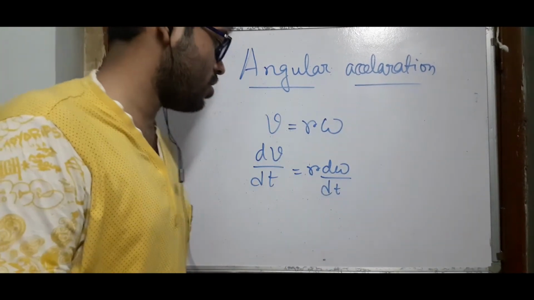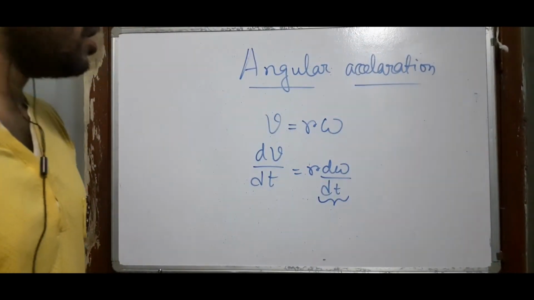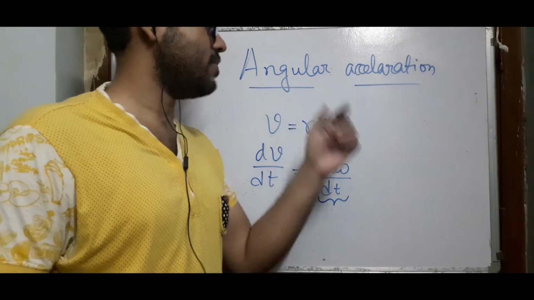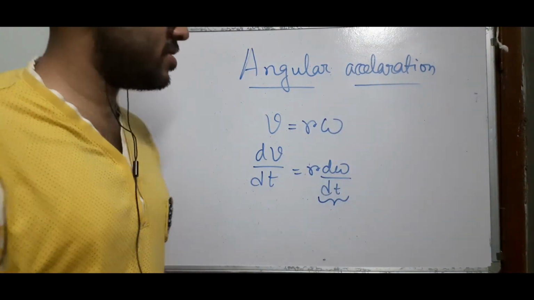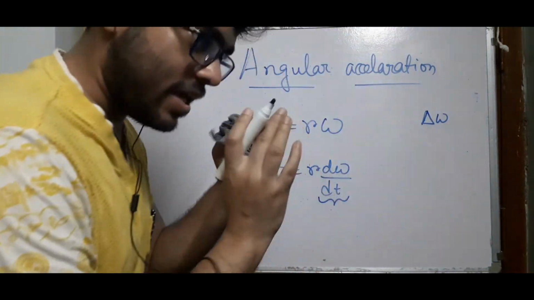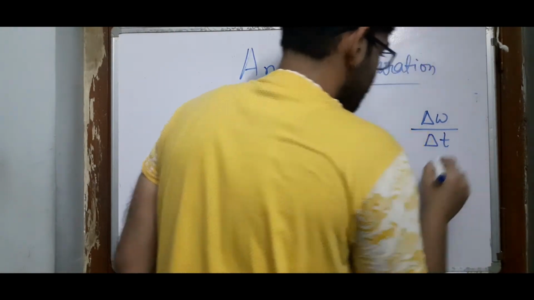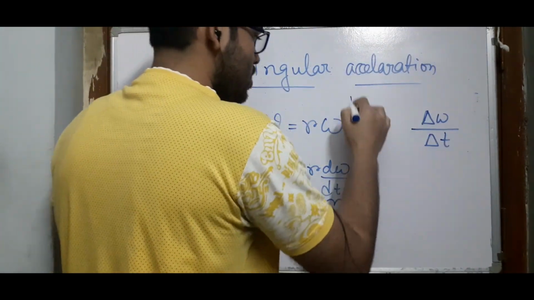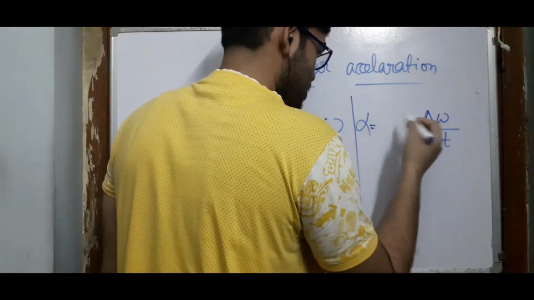Oh, just now I forgot that I haven't defined what this is. Let us take a particle circulating in a circular track, which changes its angular velocity by an amount delta omega in an infinitesimally small time interval delta t. Then by definition this quantity is the angular acceleration, or maybe deceleration, whatever it is.